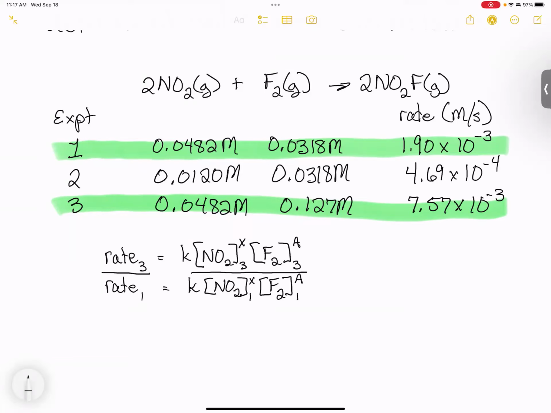Now, the term rate constant indicates that K is going to be the same for the entire experiment. And we just made sure that our NO2 concentration is the same for the entire experiment.